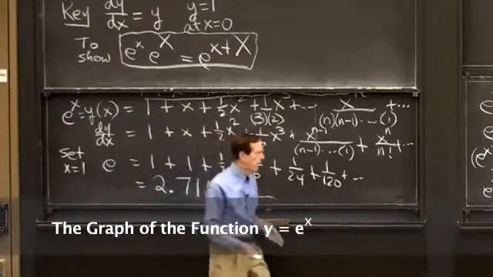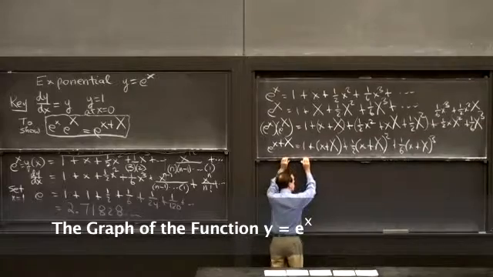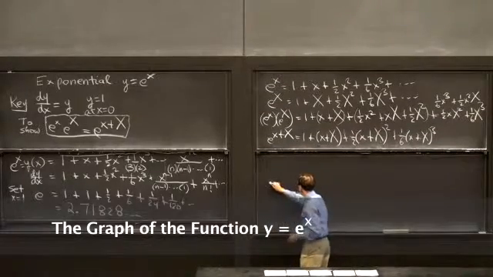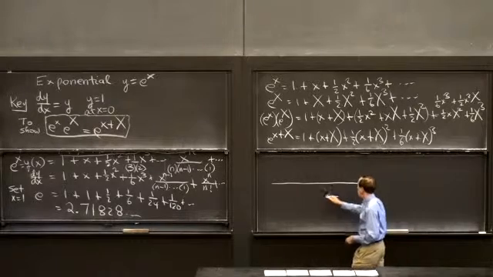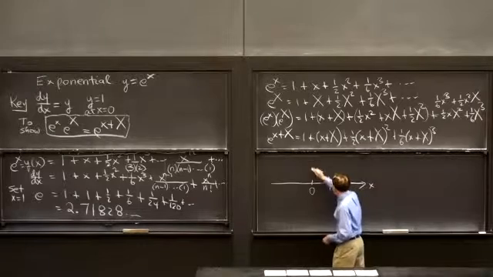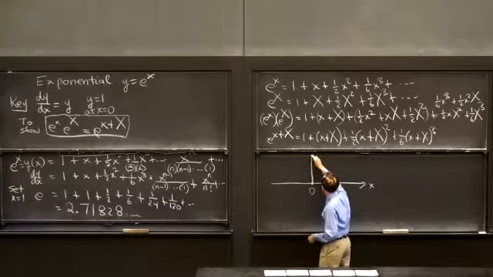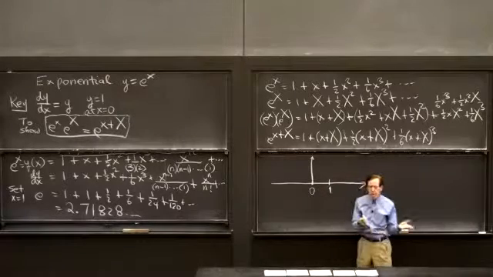I should draw a graph, right? That's the other thing you do with a function, is draw a graph. Okay, so here's a graph. This is x. Let me put in x equals 0 here and x equals 1 here. And this is going to be a graph of e to the x. And at x equals 0, what is it?